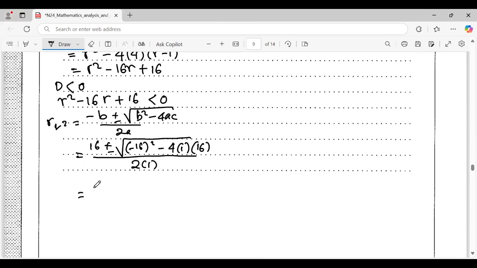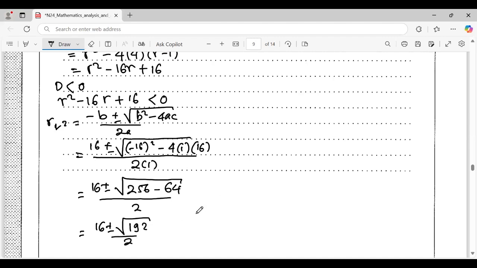Then 16 plus or minus the square root of 256 minus 64, over 2, which is 16 plus or minus the square root of 192 over 2.